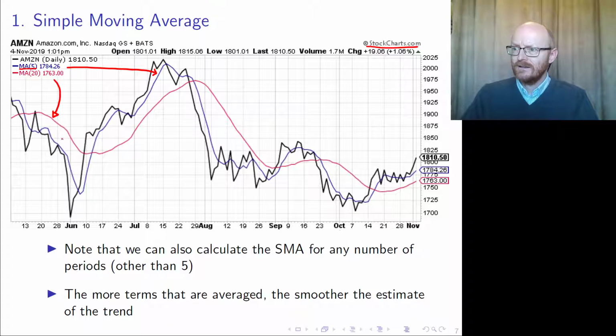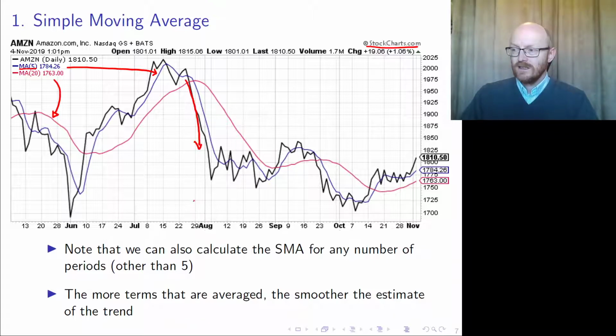And you can see that, for example, here the price process is dropping, and the shorter moving average is dropping off before the long moving average.